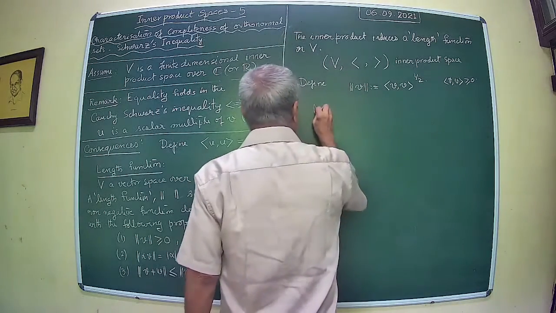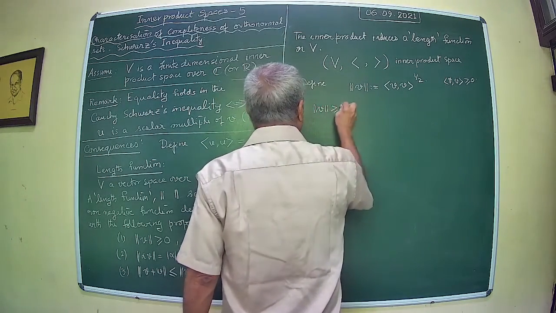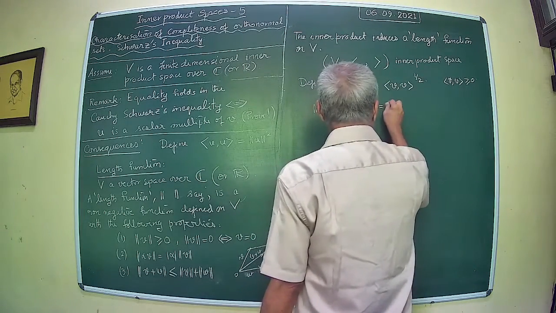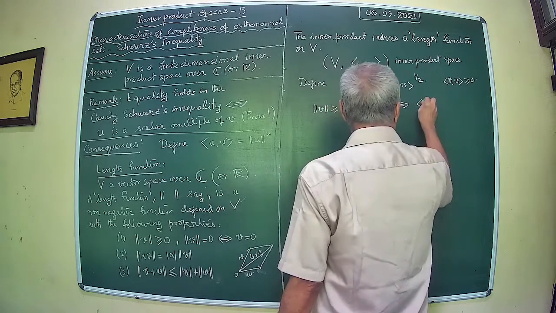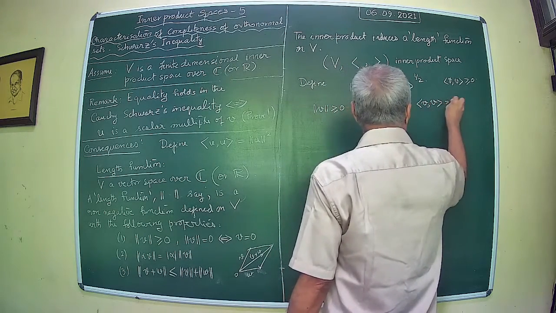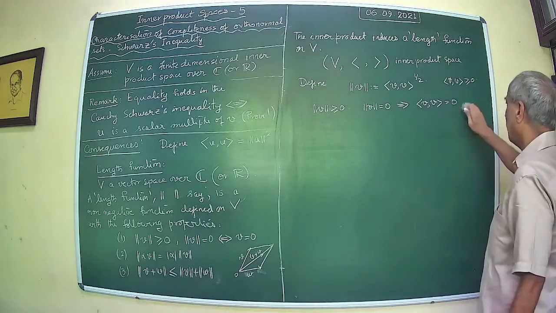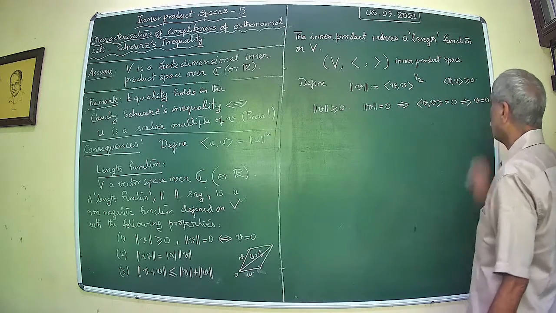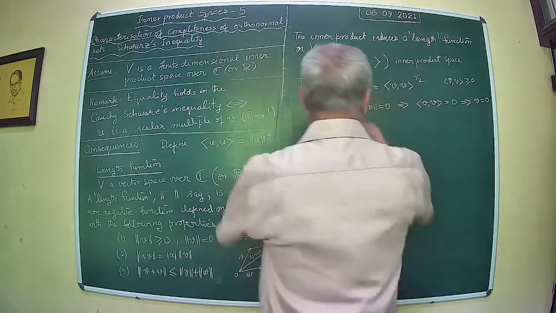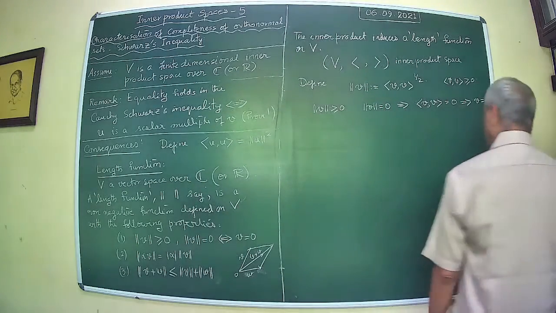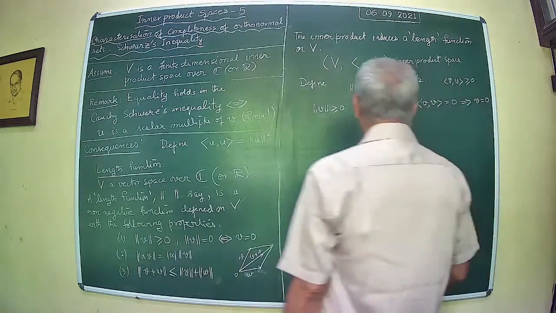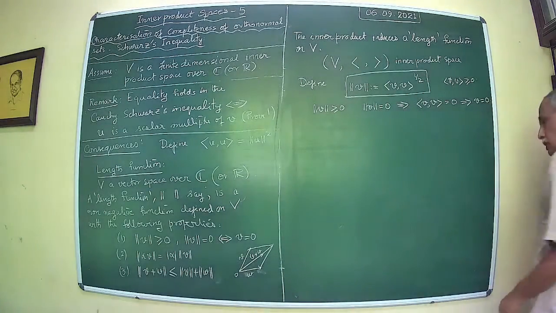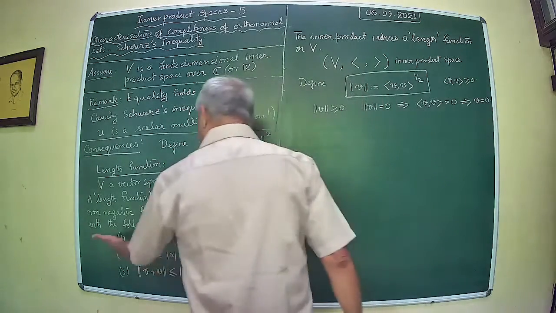Obviously, by definition, and by the definition of the inner product, when V is equal to 0, automatically the norm of V is equal to 0. Now this is the basic definition. So the first property is verified.